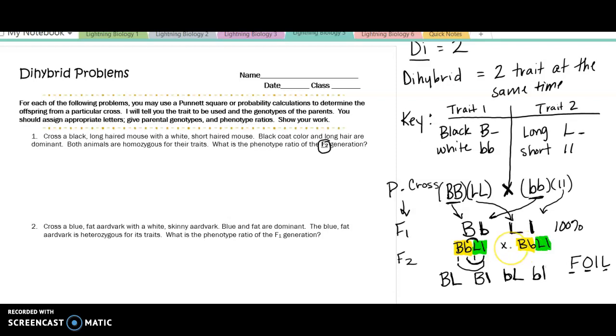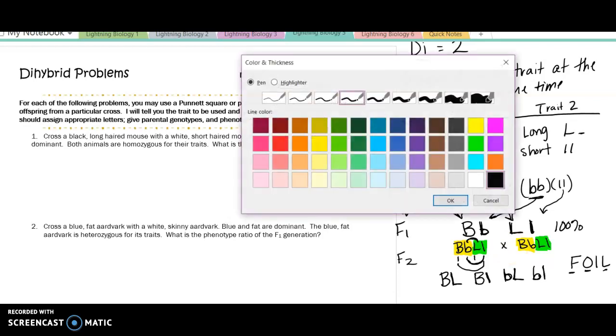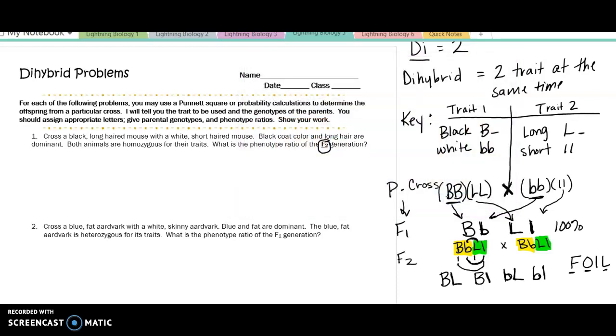So each parent is the same. And so we're going to go up here, and I'm going to attempt to make it fit in here. I might have to reduce my size down a little bit. So one parent could give big B, big L, big B, little l, little b, big L, little b, little l.